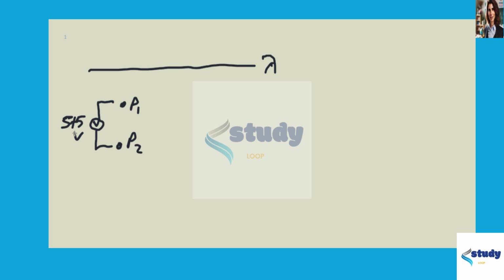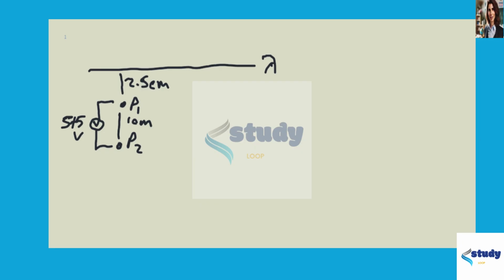And we know some distances. This distance here is 2.5 centimeters, and the distance between the points is 1 centimeter. We're just asked to find lambda, the charge density of this wire.